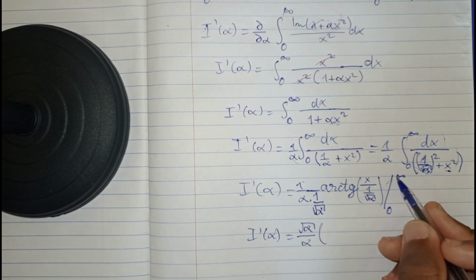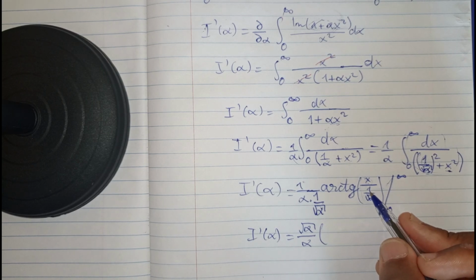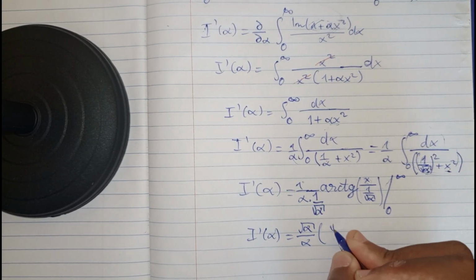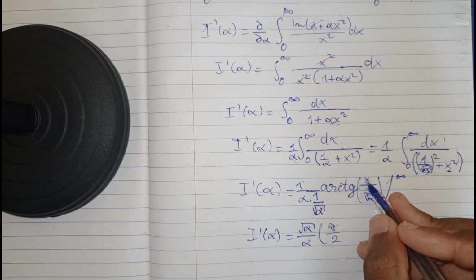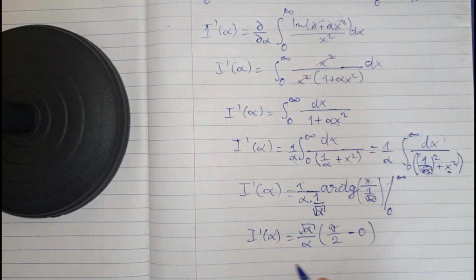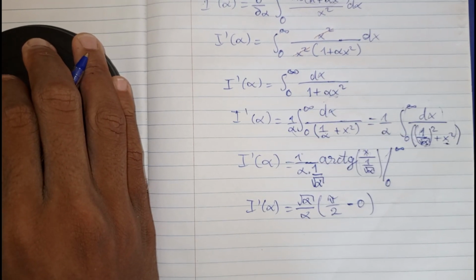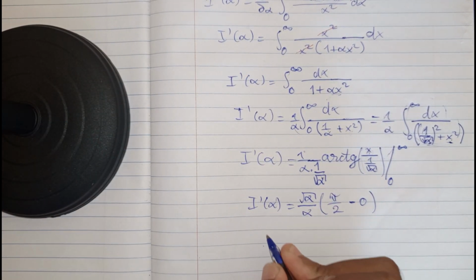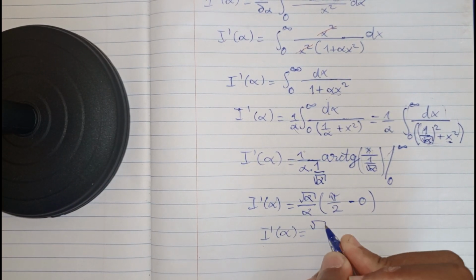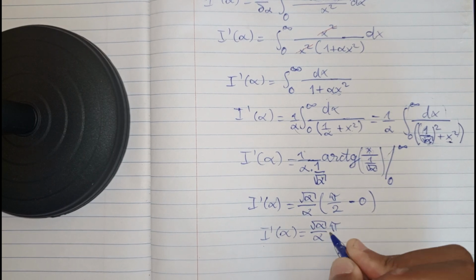If we plug in infinity, arctan of infinity tends to pi over 2. If we plug in 0, arctan of 0 is 0, so we subtract 0. Organizing this, we get square root of alpha divided by alpha times pi over 2.